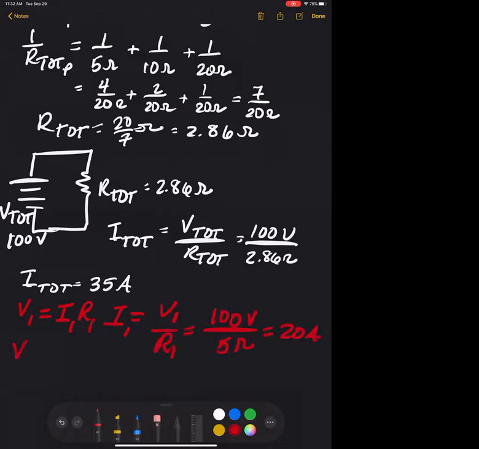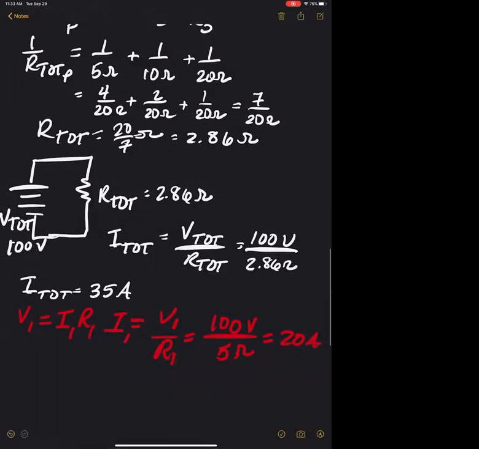I can do the same thing for the other two. Well, actually, let's not even bother writing that out. We'll just do I2 is V2 over R2. So that's 100 divided by 10, which is 10.